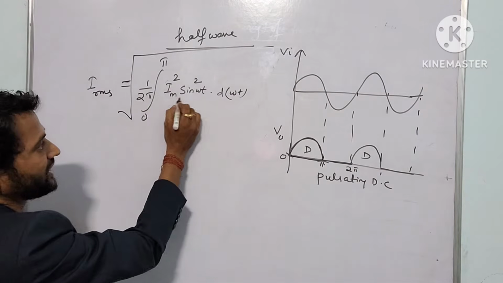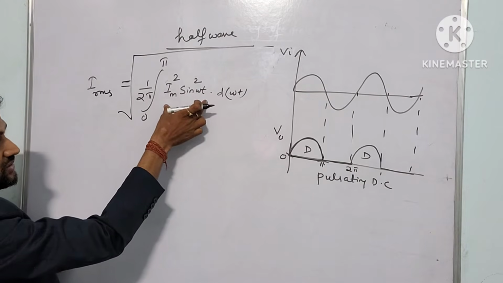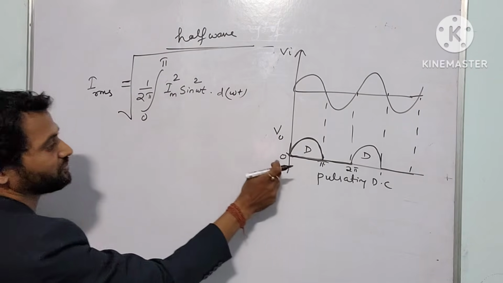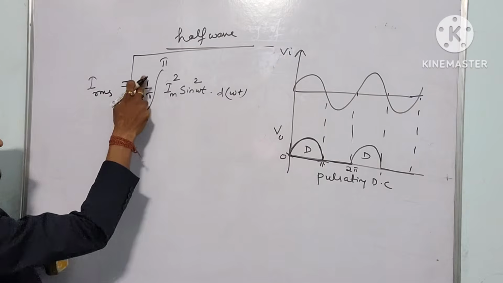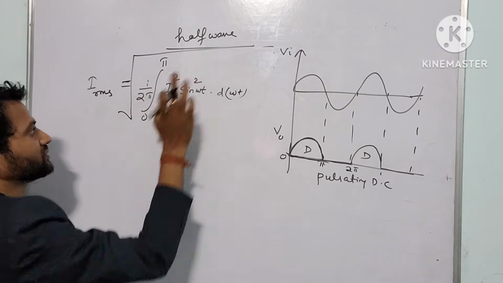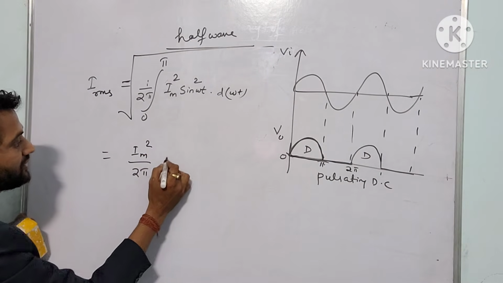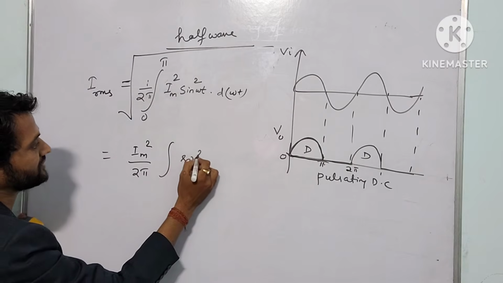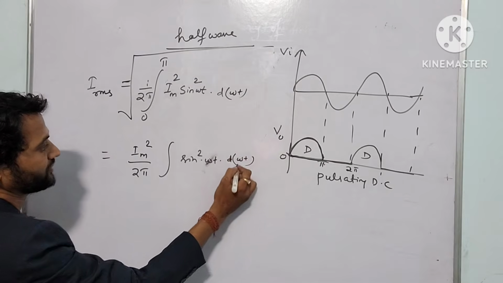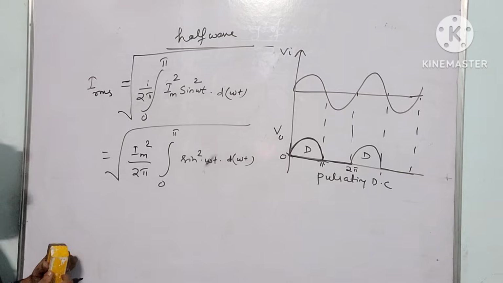So our standard equation is Im sin omega t. We have to take the square of that equation, which will be Im square sin square omega t, and we'll integrate this function from 0 to pi. To get the mean, we have to divide by 2 pi since we are considering this portion. Then we'll take the root. So here it will be Im square by 2 pi and integration of sine square omega t d omega t from 0 to pi, under root, right?